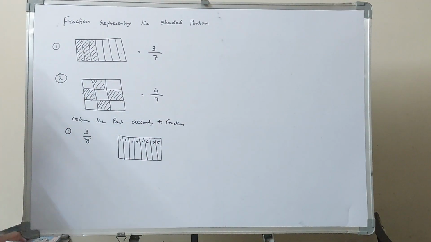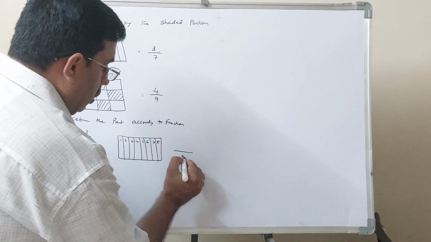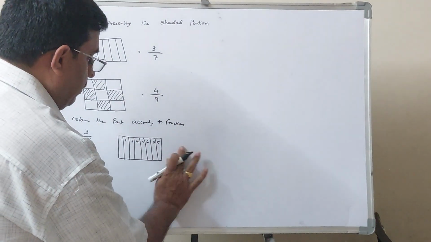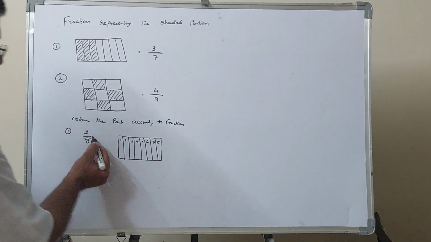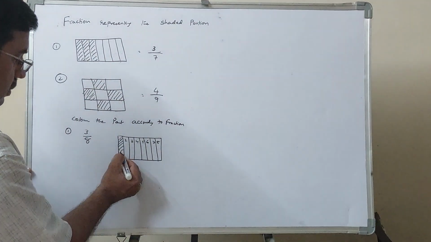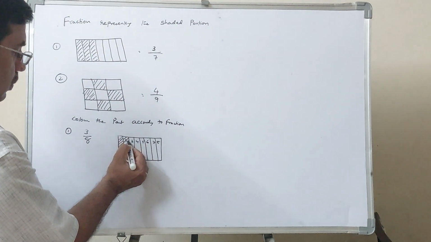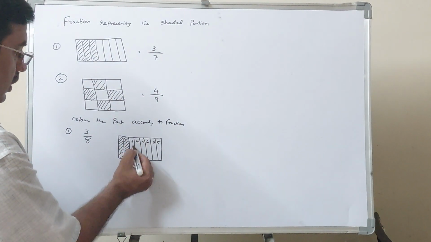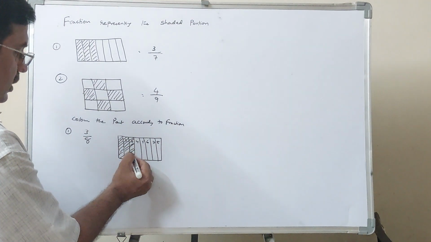So the total was 8 parts. And 3 parts shaded means, see here, 1, 2, 3. Only 3 parts are shaded.